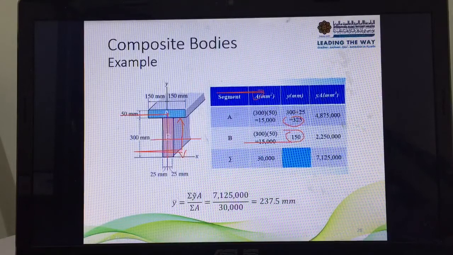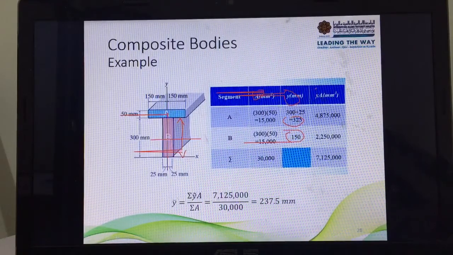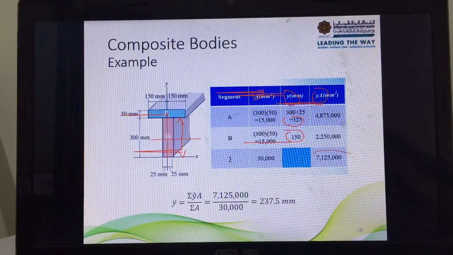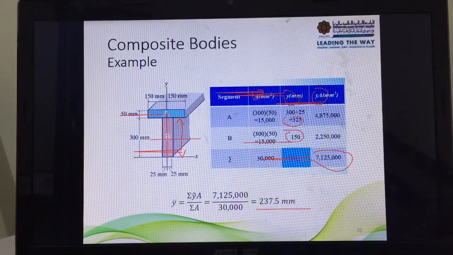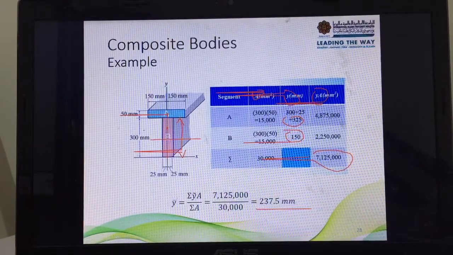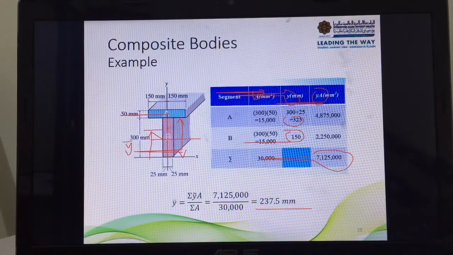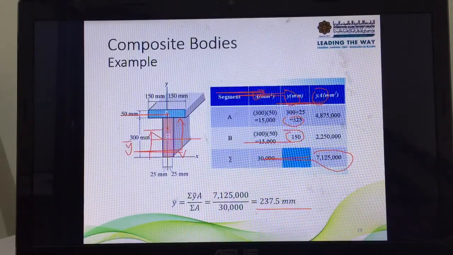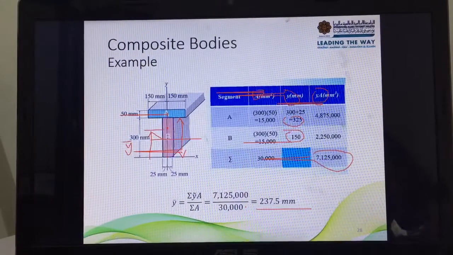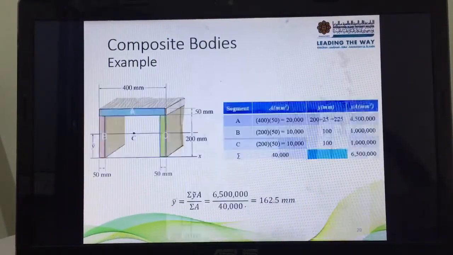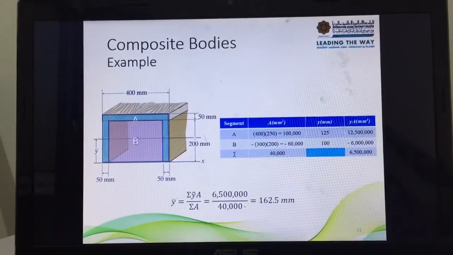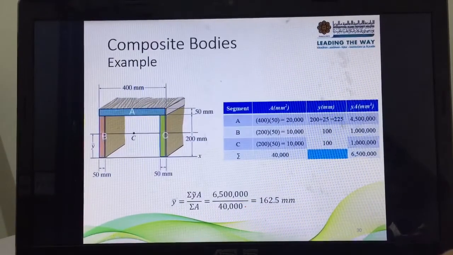You have the area, you have the y, you multiply them and sum them up, and then put into the equation, and this is your 237.5 millimeter, which means that it is somewhere here, right? So this is your y bar, 237.5 millimeter.